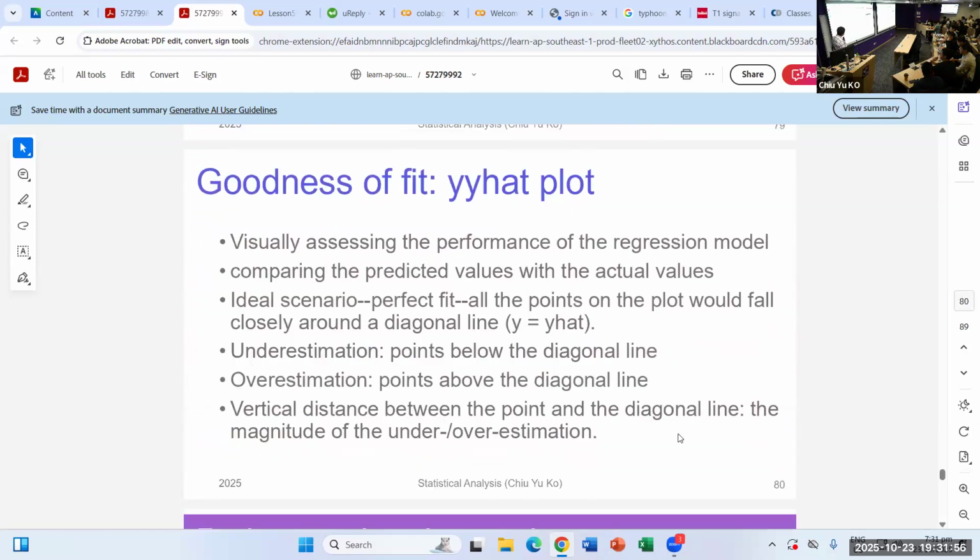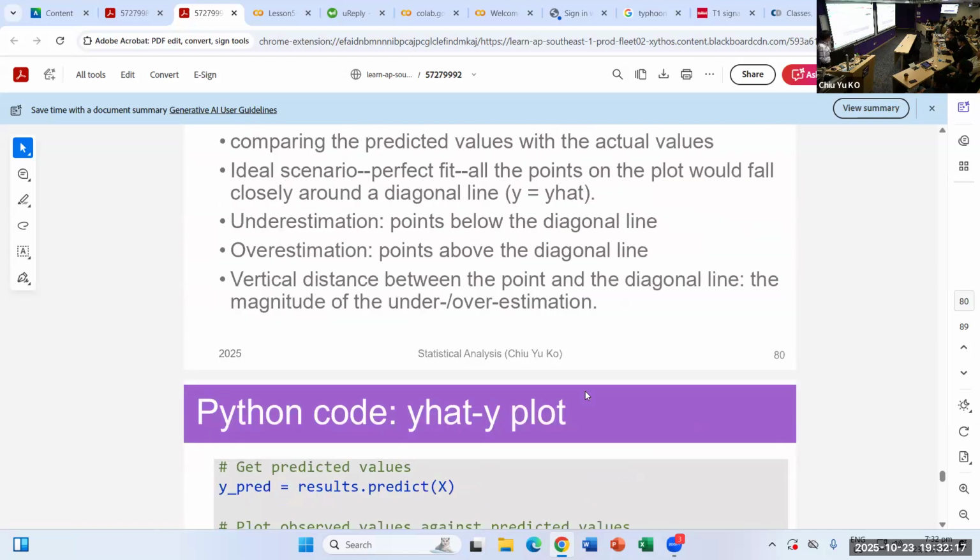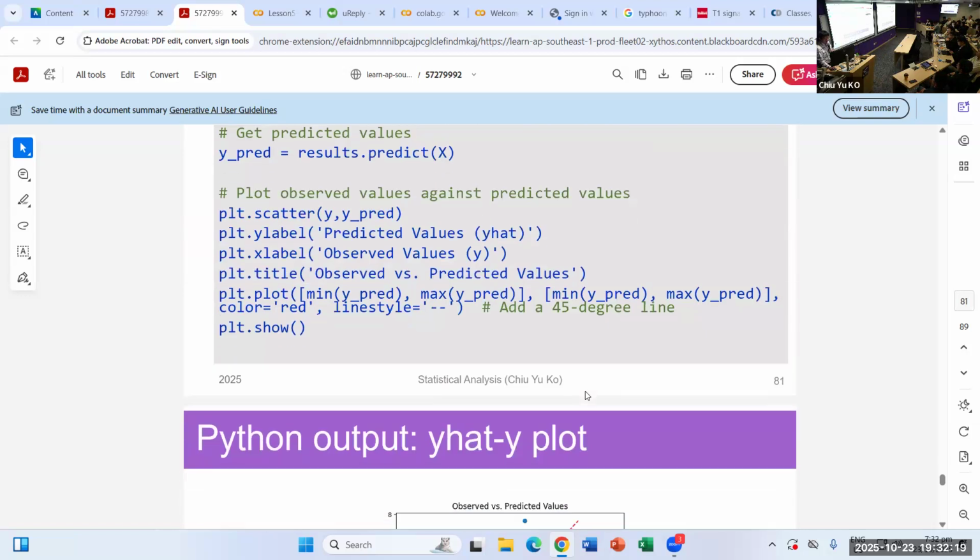So lastly, I want to show one very useful graph. It's called the y hat plot or y hat y plot, whatever you like, depending on what you put on the axes. So what we're doing is this. Of course, you would be curious what it's doing. Without showing the code, let me show you what I'm plotting.